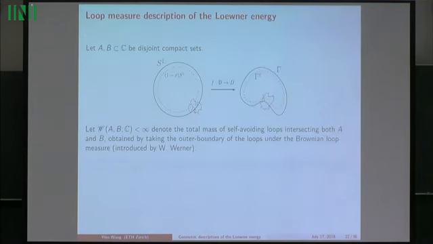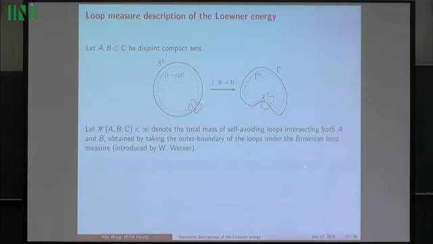So as I promised you, and also for those who were in Seoul, I promised you some new slides. This is how to make sense of the loop measure attached to the curve gamma and the loop measure attached to S1. The Brownian loop measure constructed by Greg and Wendelin is a conformally invariant measure. Therefore, it has infinite mass for small loops, and also infinite mass for large loops because of the conformal invariance.